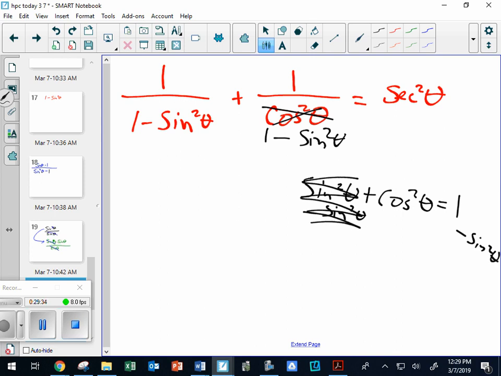That happens a lot. Watch for those. You can get something to be 1 minus really easy because we got a lot of things where they're adding 1, like tangent plus 1. You subtract 1 from both sides. Or the one that says cotangent plus 1, it's minus 1 from both sides.